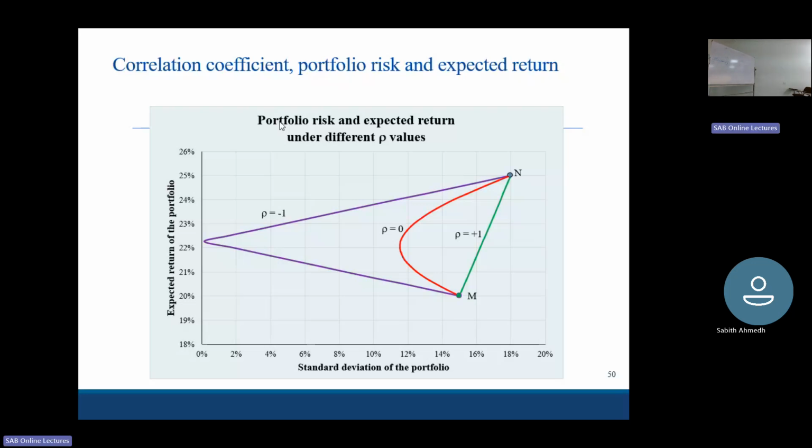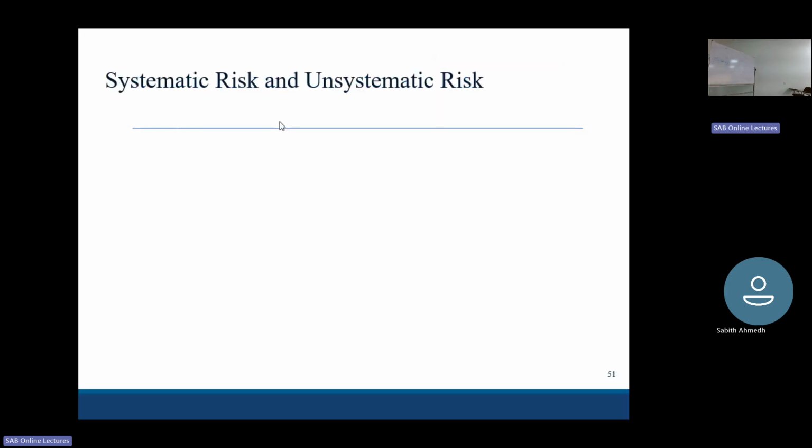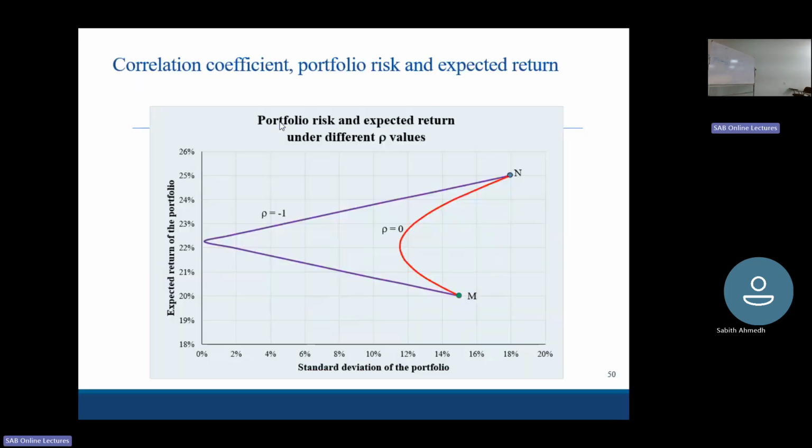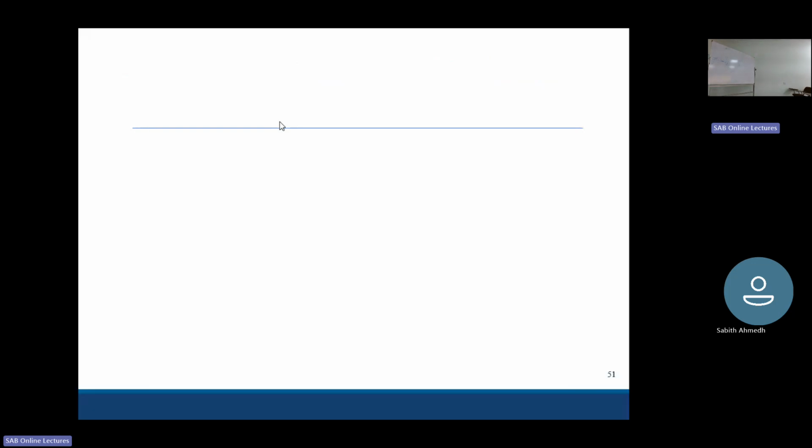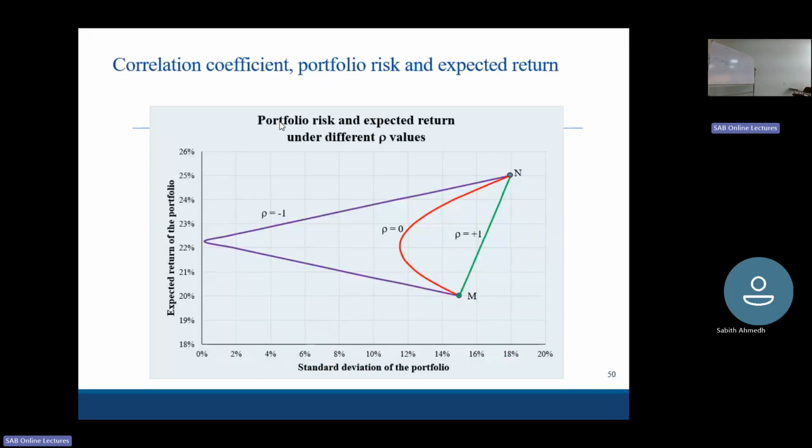Right? So you can actually construct this even using Excel, but I am not going to that next step. So my point is, this is the feasible set of portfolios when you have two stocks in your portfolio.